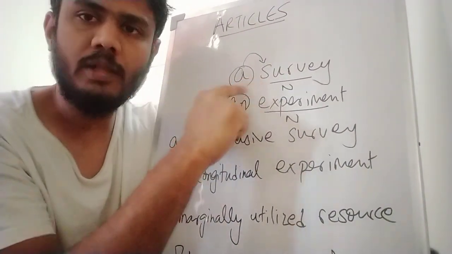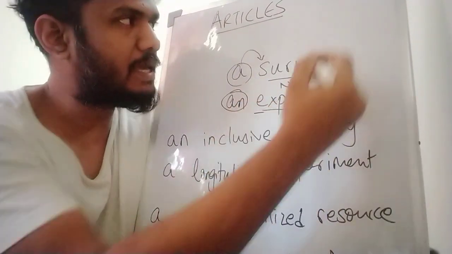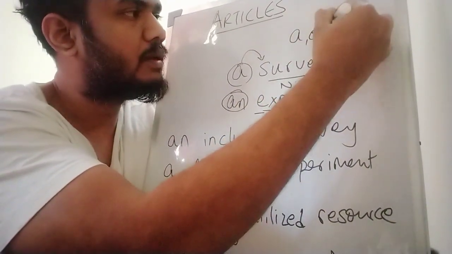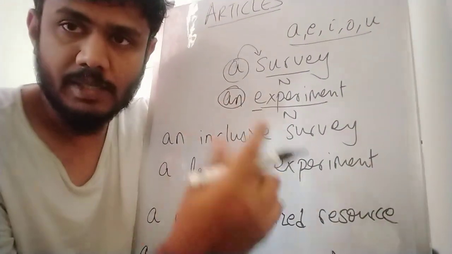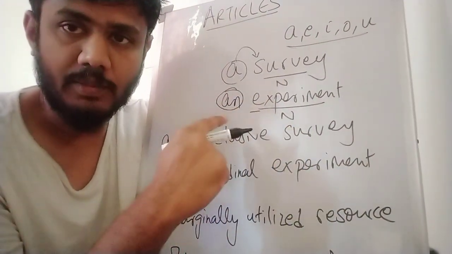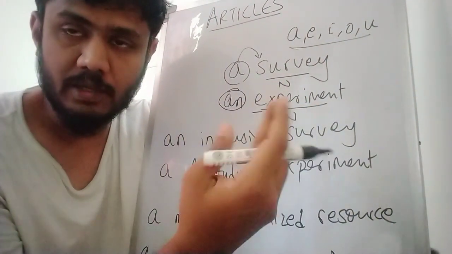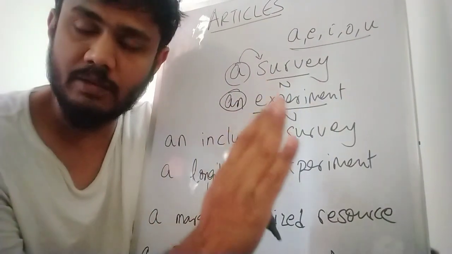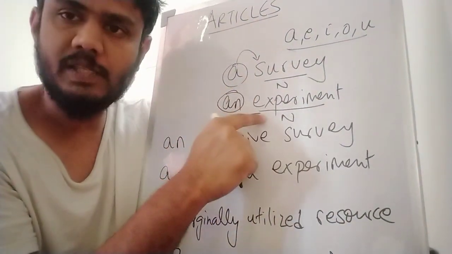So before a consonant, you would use a, and before a vowel, so A, E, I, O, U, these are your 5 vowels, right? But we're more interested in the sounds that they produce, because that determines which article we would use, right? With the, it doesn't make a difference while writing. While speaking, it makes a difference, but we're not going to get into that, right? So a survey, but an experiment, right?